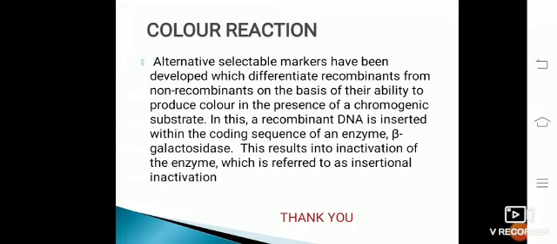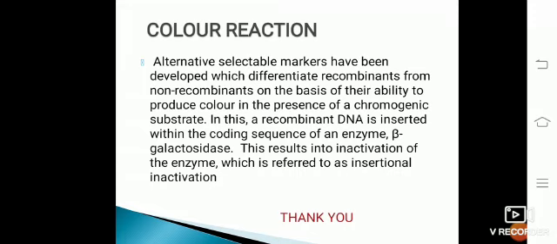When recombinant DNA is inserted into the coding sequence of an enzyme, alpha galactosidase, it causes inactivation of the enzyme, called insertional inactivation. So when we introduce the foreign DNA into the plasmid, the alpha galactosidase enzyme is inactivated.